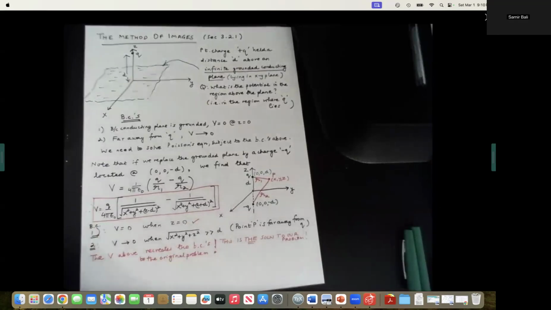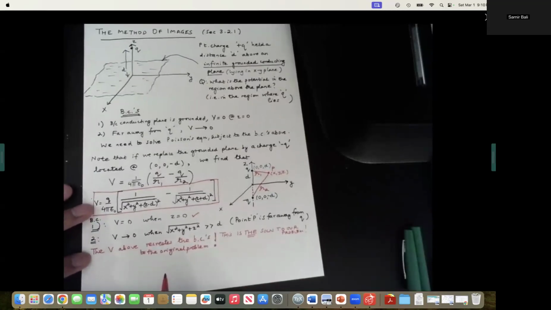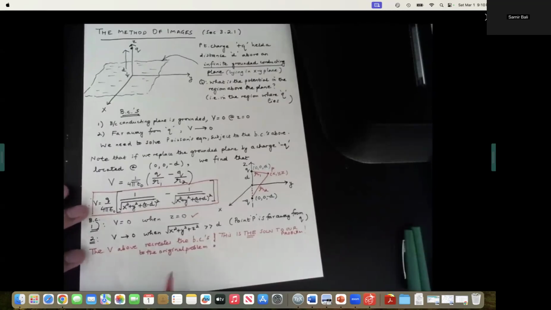That means this is the solution to our problem. And now that we know the potential, we can straightforwardly answer some tough questions.